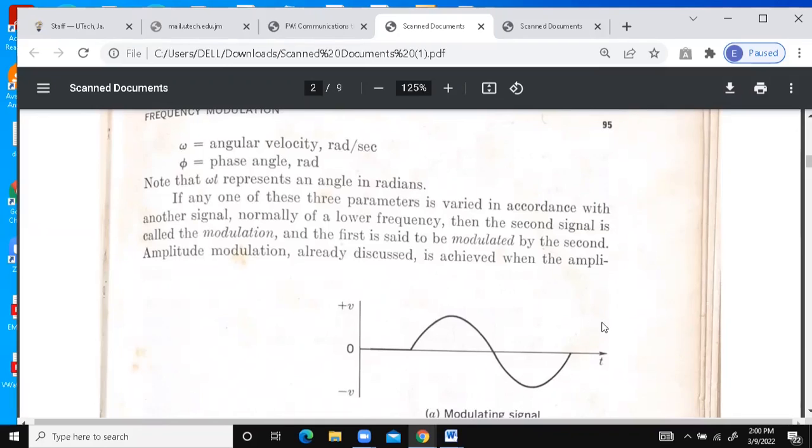So if you are at 103 and you shift to 101, remember, the spectrum authority is going to give you a range where your station is going to transmit.